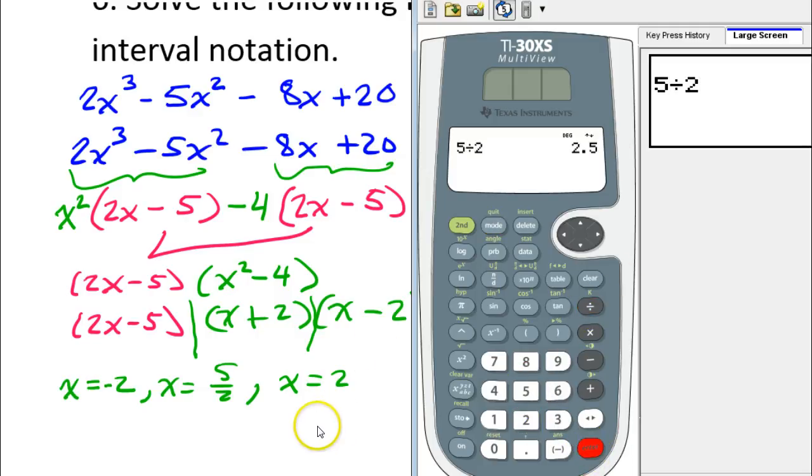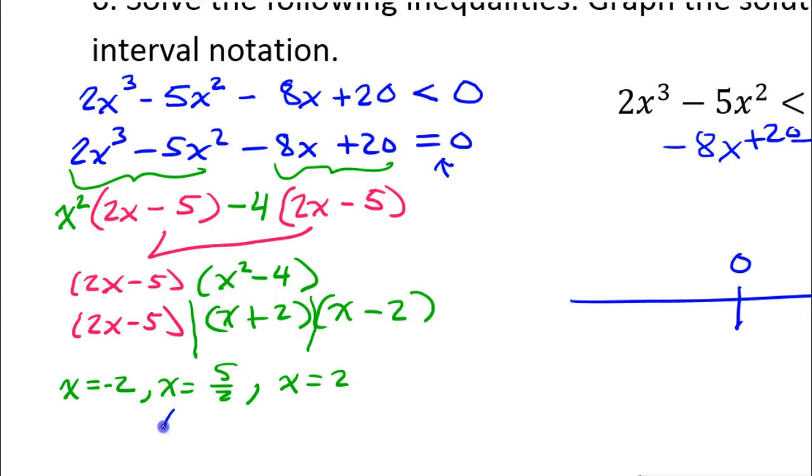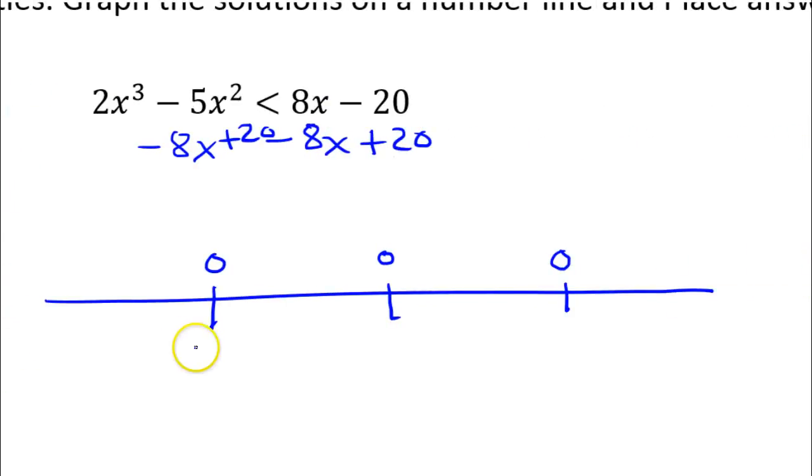That is 2.5. So that is important to know as we place these points on a number line. So we're going to have -2 and then 2 and then 2.5 or 5 over 2. So here I have -2 and here I have +2 and this is 5 over 2, which is 2.5.